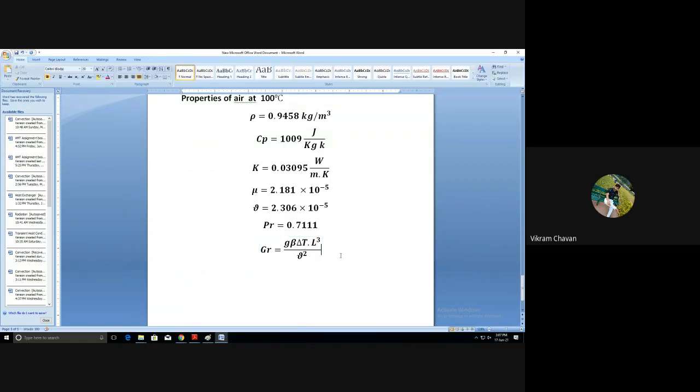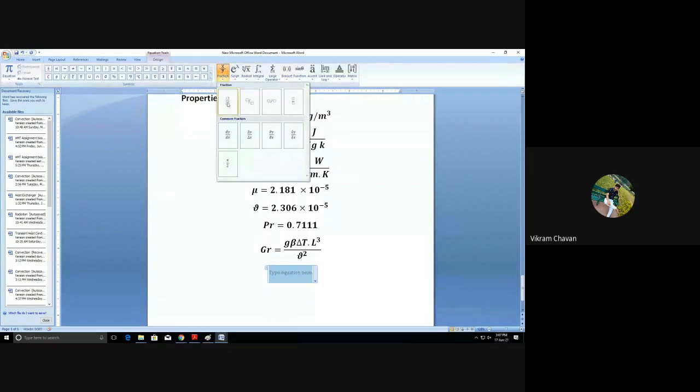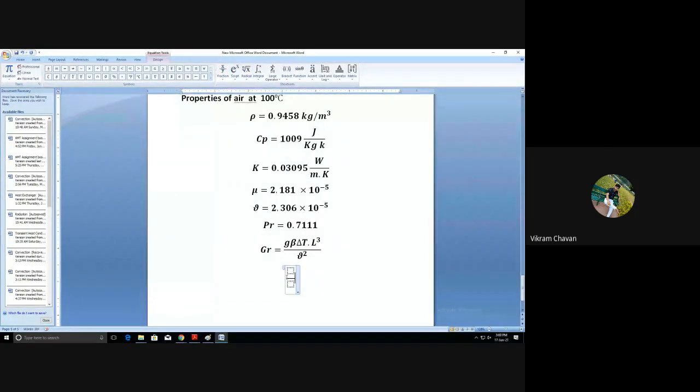So how to calculate beta? Beta is equal to 1 divided by T suffix mf plus 273.